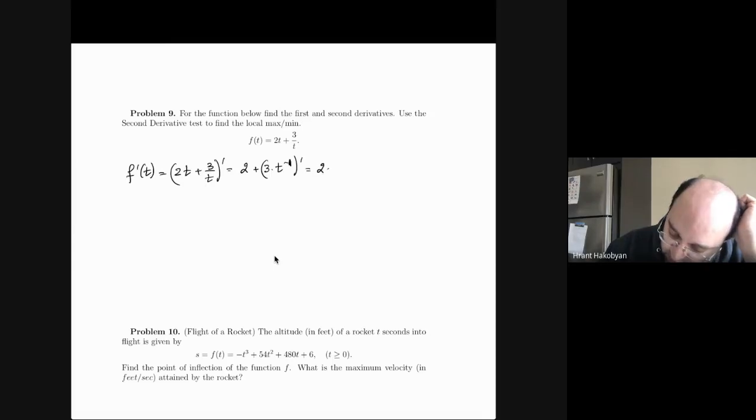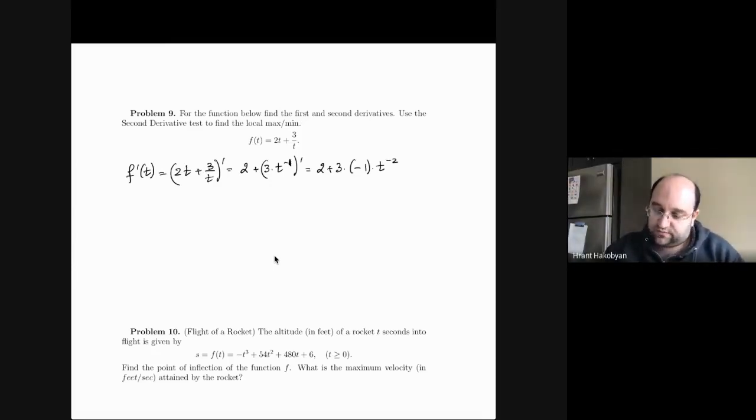It's 2 plus 3 times negative 1 times t to the power negative 2. Okay, so that's the first derivative. If I write it out, it's 2 minus 3 divided by t squared. I need to set this equal to 0 to find the critical points.